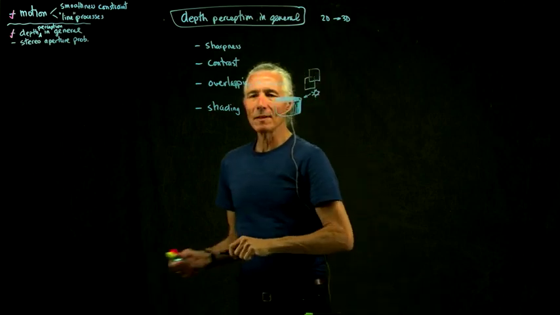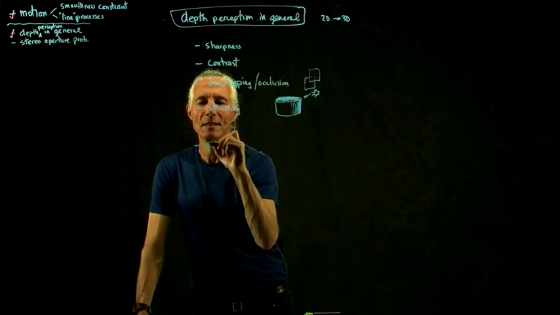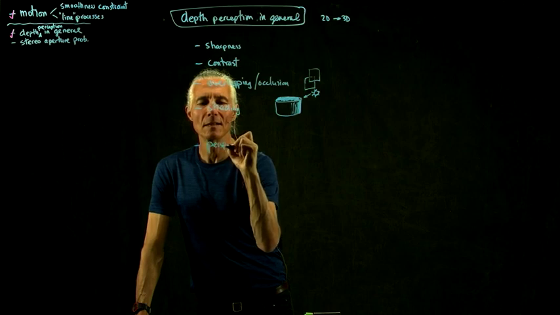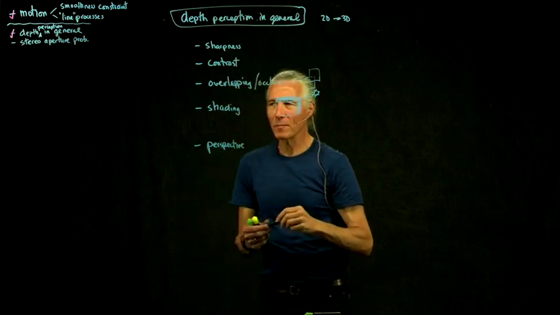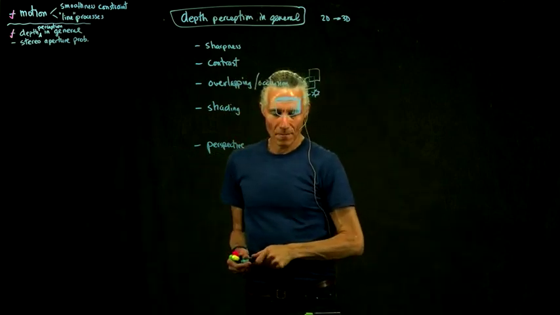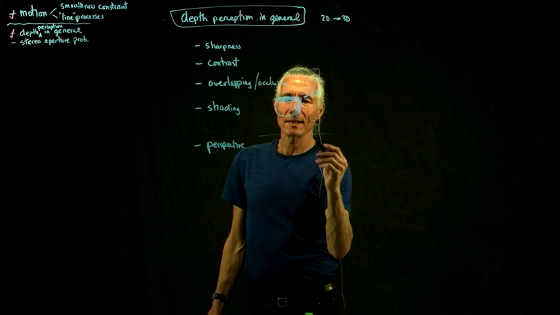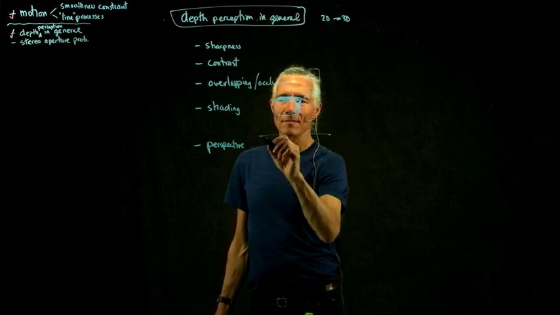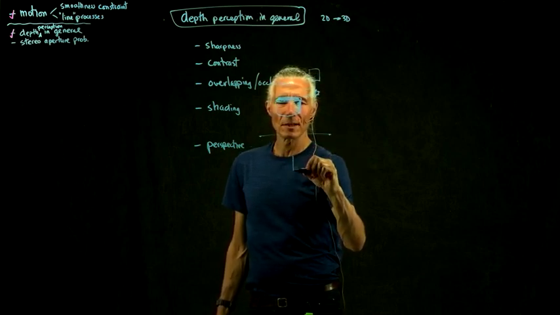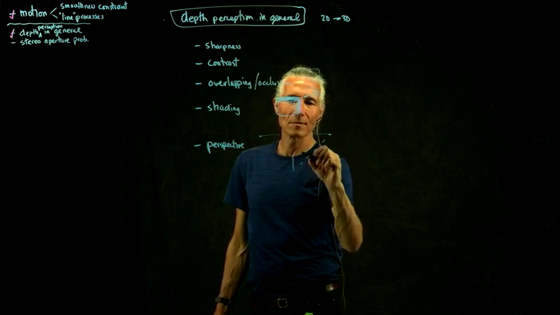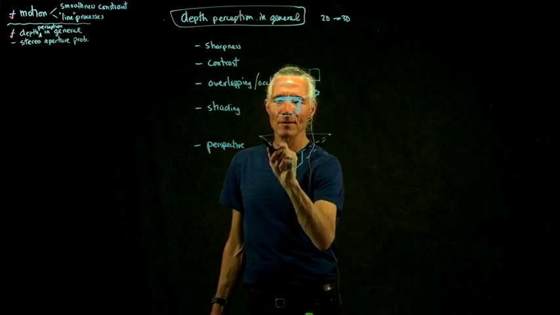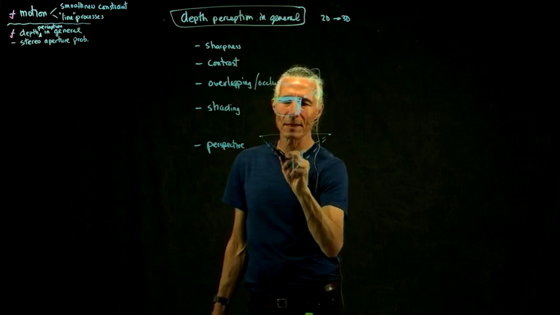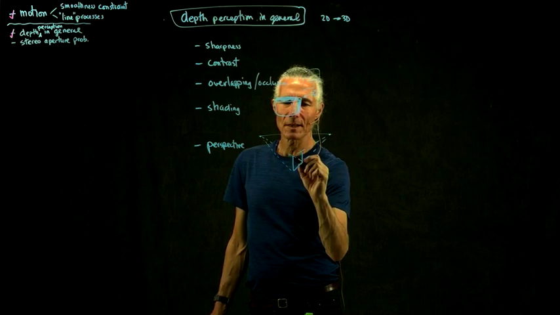So then there's perspective. As things get closer to you, they get bigger. So if we make a drawing of a cube, here's a cube. We'll make lines off to our vanishing points. If I draw that cube in perspective, it looks something like this.